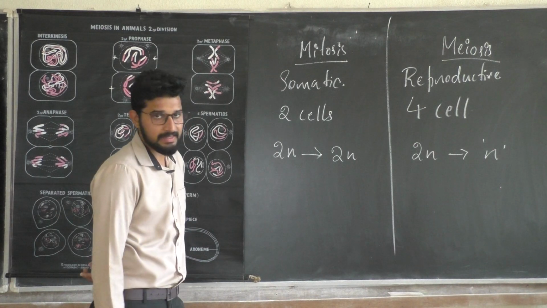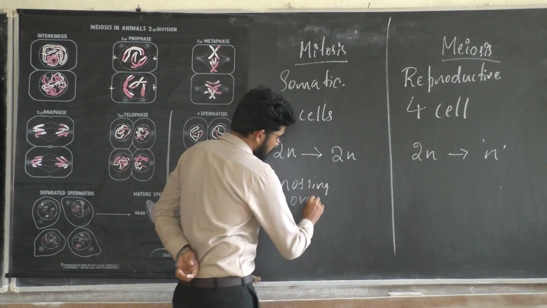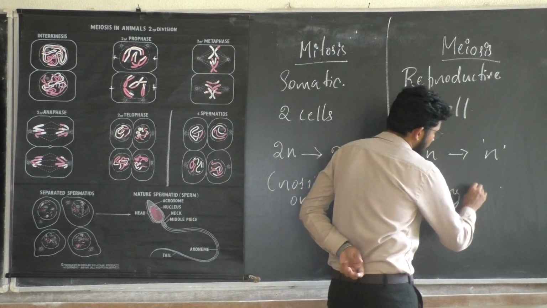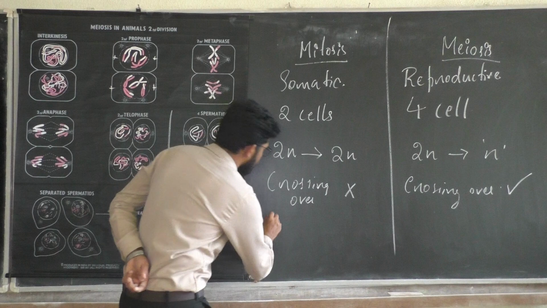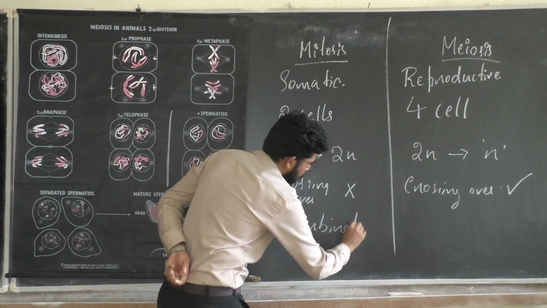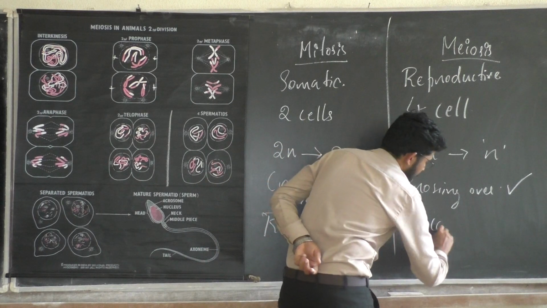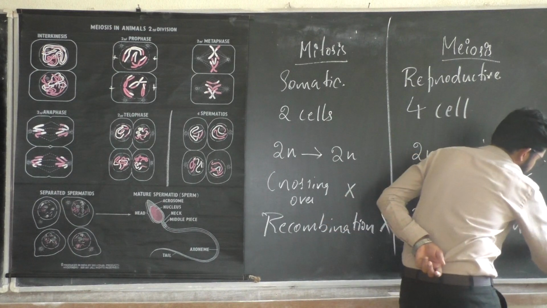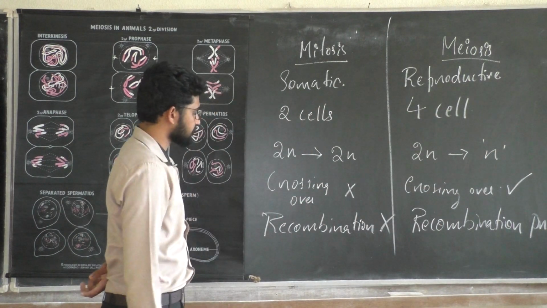In the case of mitosis, we cannot find crossing over. Crossing over is absent. In meiosis, crossing over is present. In mitosis, we can't see recombination, but in meiosis, recombination is present.